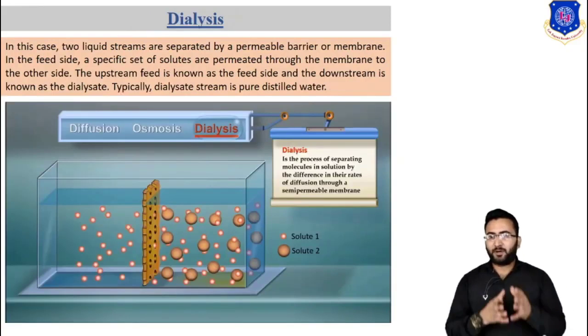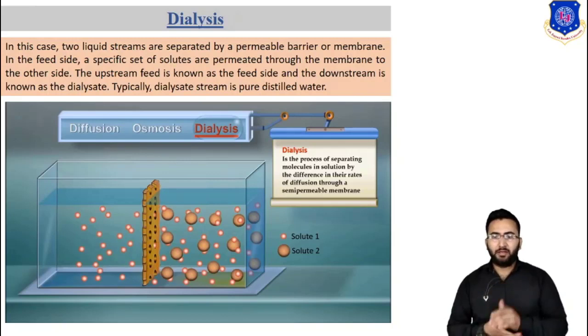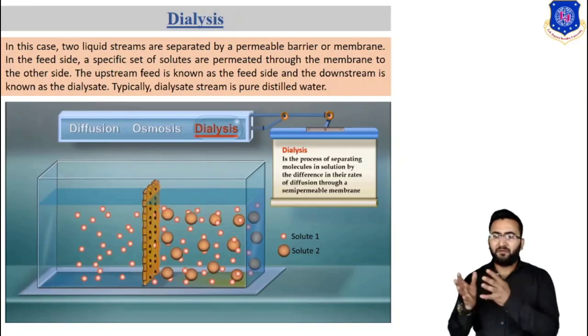So let's discuss dialysis. In this case, two liquid streams are separated by a permeable barrier or membrane. On the feed side, a specific set of solutes permeate through the membrane to the other side. The upstream feed is known as the feed side and the downstream is known as the dialysate. Typically the dialysate is a stream of pure distilled water. Thus the concentration gradient between the two streams is the maximum. The transport is effected by the concentration gradient between the two streams.